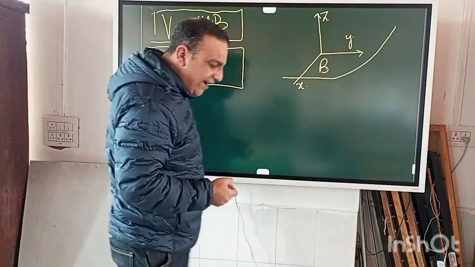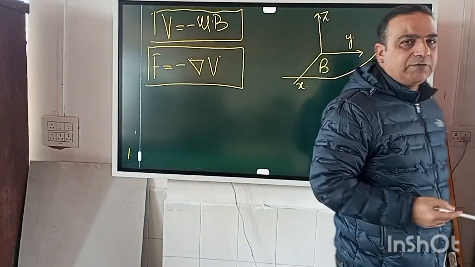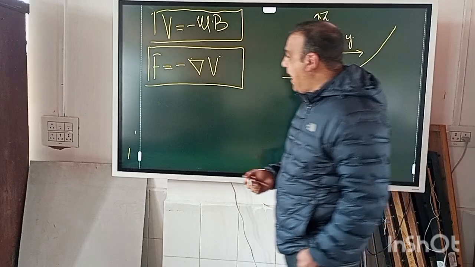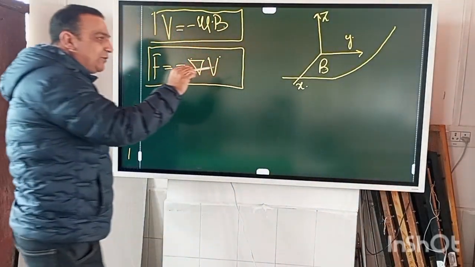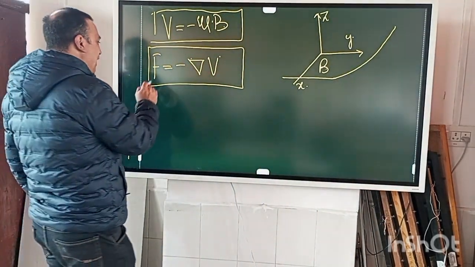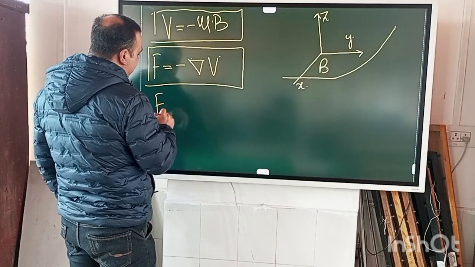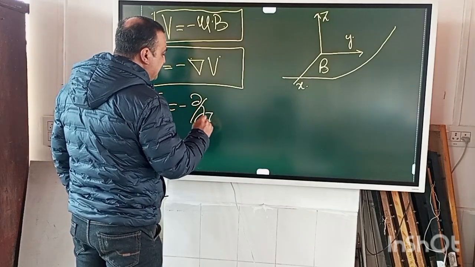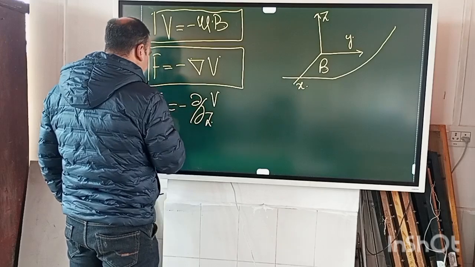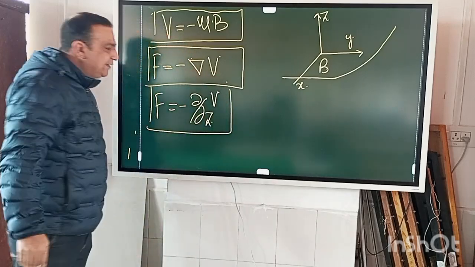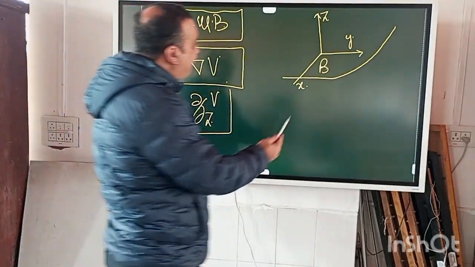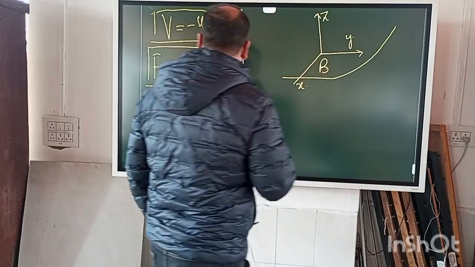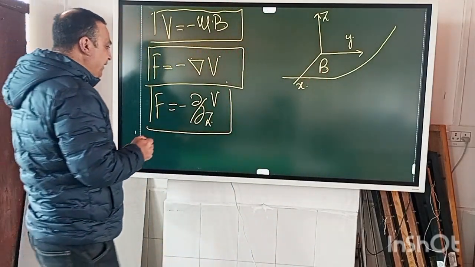So the negative gradient of the potential energy gives us the measure of the force. Taking into consideration the dimensions, I can write F equals minus dou by dou z of V, because I'm applying the magnetic field in the z direction. Now, what is V?